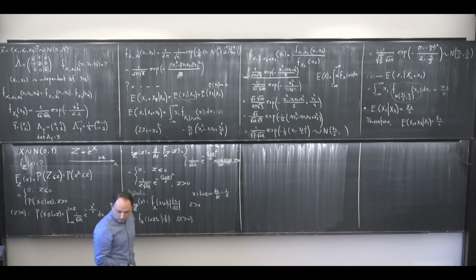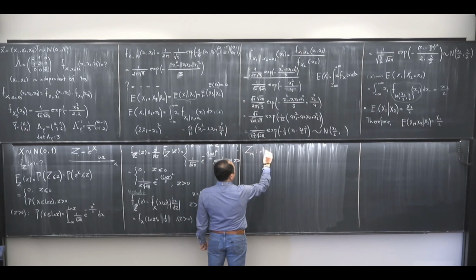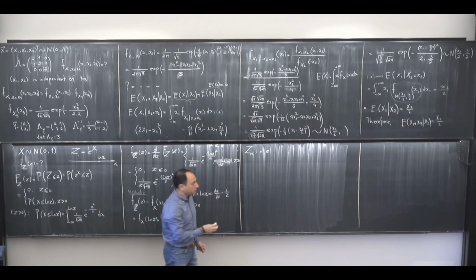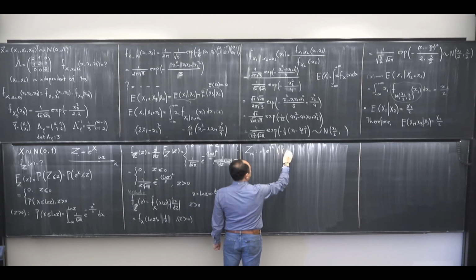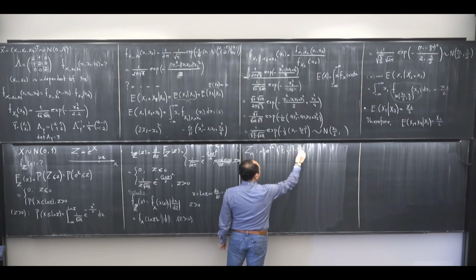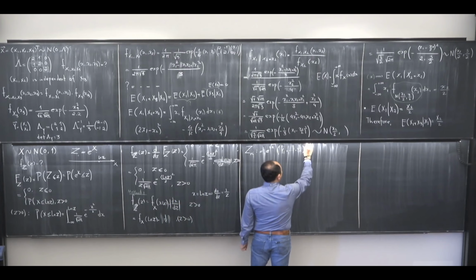So let me write it here. Zn is defined to be e to the power square root of n, and the product of these Y random variables up to n, to the power of 1 over square root of n. The rest of it I don't write.